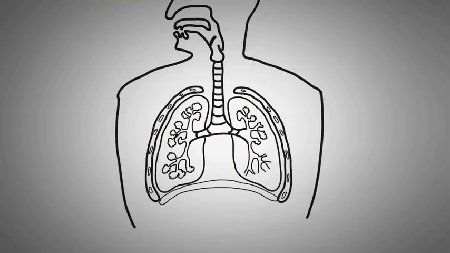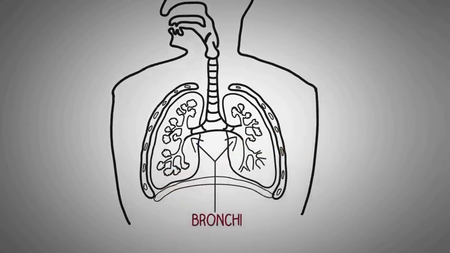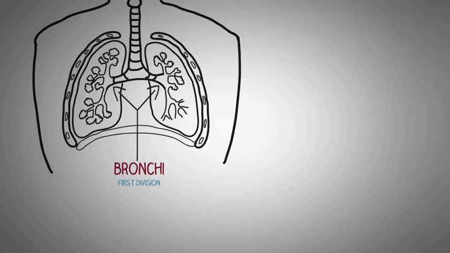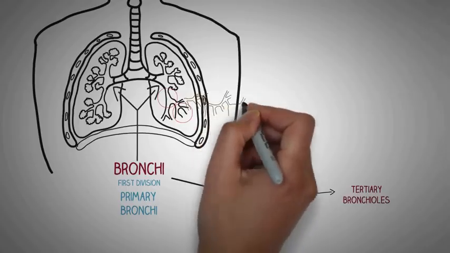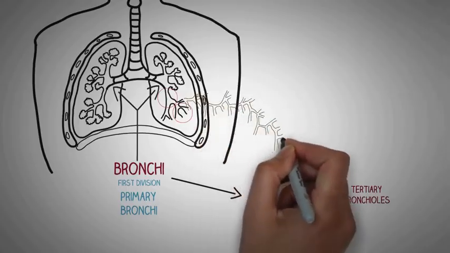The trachea then divides into the primary bronchi. This is called the primary bronchi because it is the first division of the trachea. The primary bronchi then divide into secondary bronchioles, and then the secondary bronchioles divide into the tertiary bronchioles. What happens next is that these tertiary bronchioles again divide for about 20 divisions to form the conducting bronchioles.